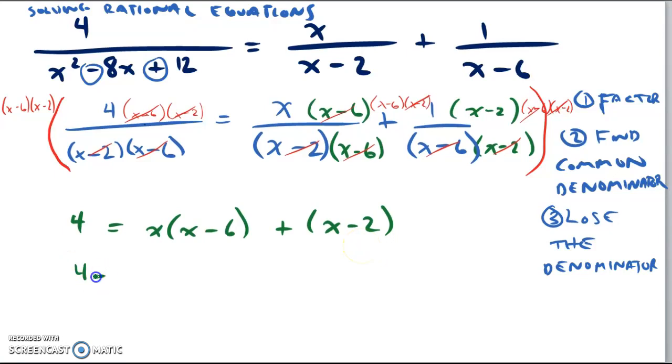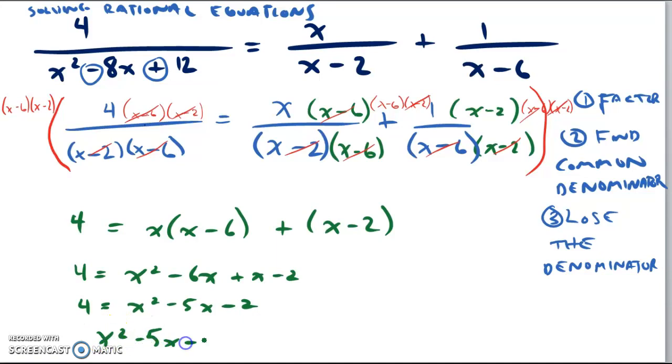So we've got 4 is equal to x squared minus 6x plus x minus 2. Our next step is going to be 4 is equal to x squared minus 5x minus 2. And we've got x squared minus 5x minus 6, because I subtracted 4 from both sides. And you wind up with it equal to 0.